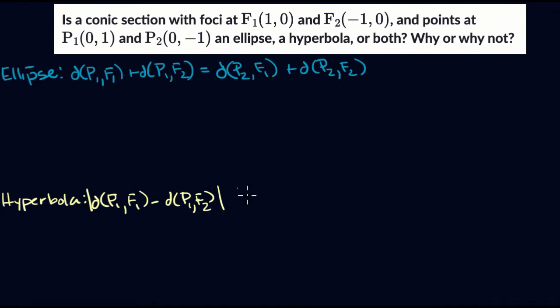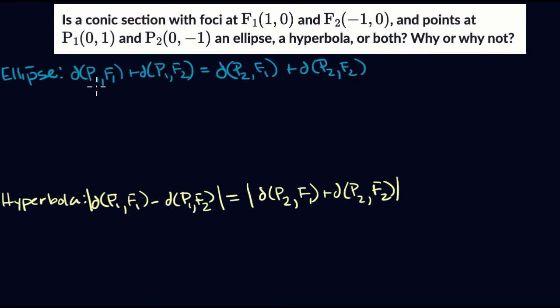We want this to be positive. That needs to be equal to the absolute value of the differences of the distances from P2 to the foci. So D(P2, F1) minus D(P2, F2). And we're done. My hand is hurting, all that notation.